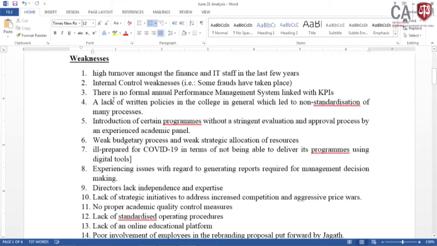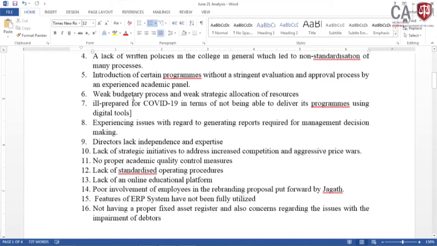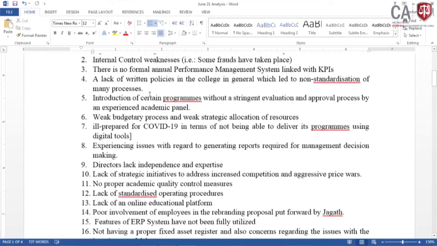Then 3, there is no formal annual performance management system linked with KPIs. So, weakness. Then a lack of written policies in the college in general, which led to non-standardization of many processes.